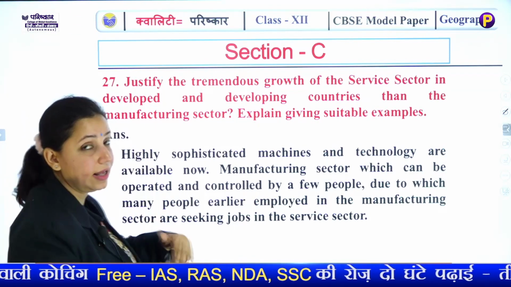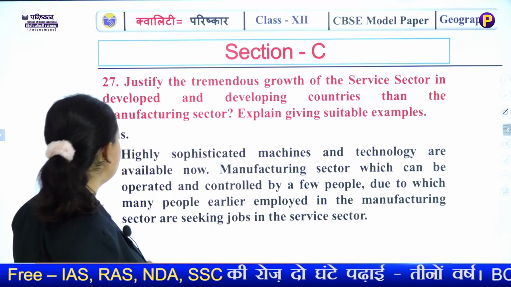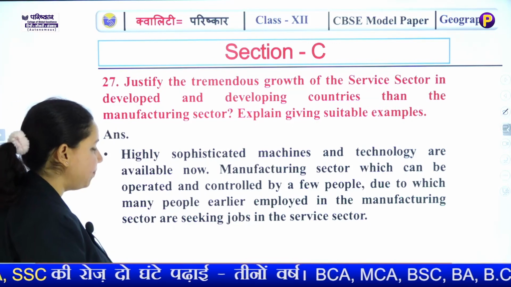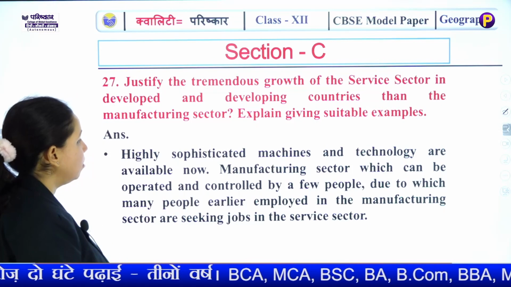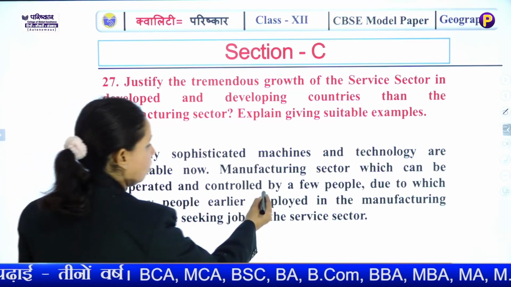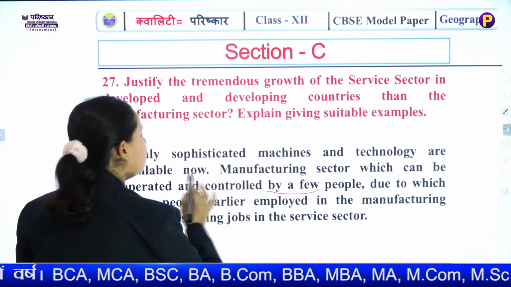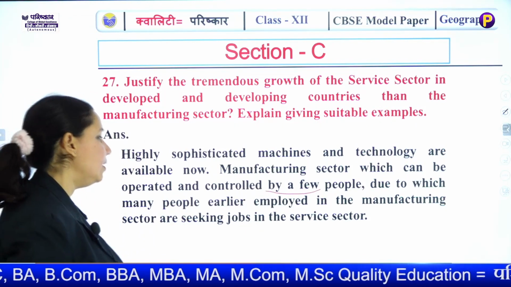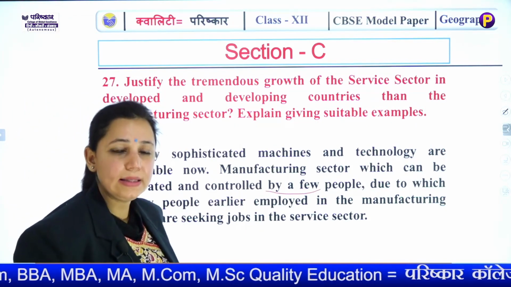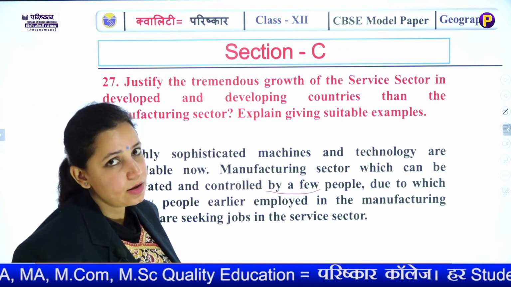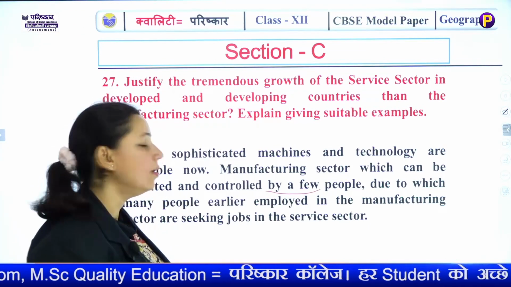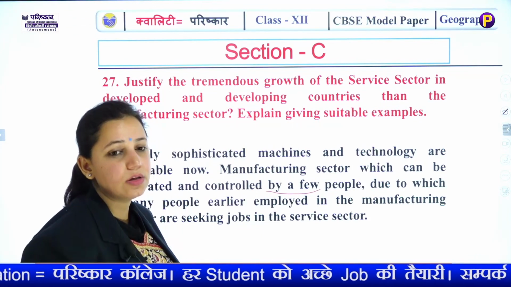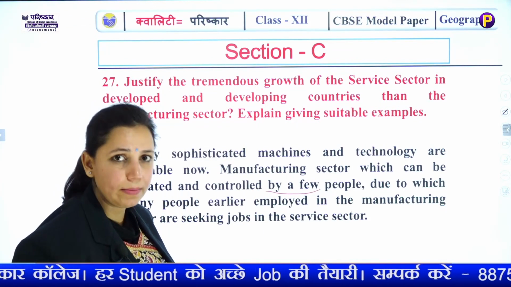In the manufacturing sector, highly sophisticated machines and technology are available now, which are operated and controlled by few people, due to which many people earlier employed are seeking fewer jobs in this sector and are going for the service sector, because the manufacturing sector is controlled by very few people.